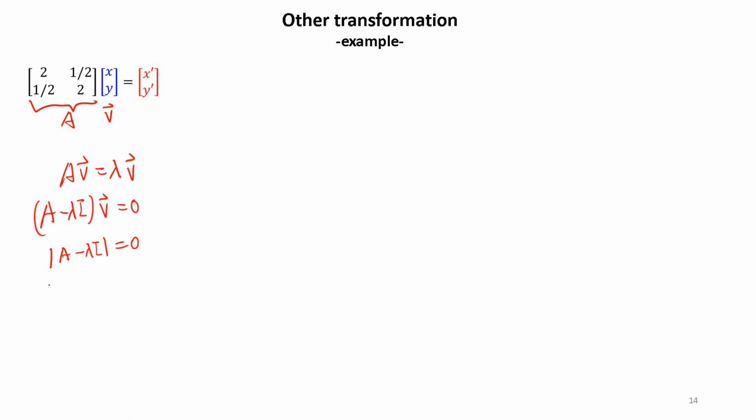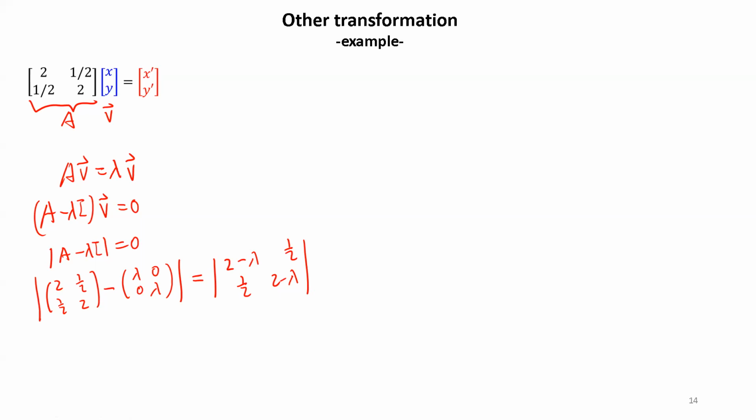So this A is (2, 1/2; 1/2, 2), minus lambda times the identity, (lambda, 0; 0, lambda). The determinant of this equals (2 minus lambda) times (2 minus lambda) minus 1/2 times 1/2.